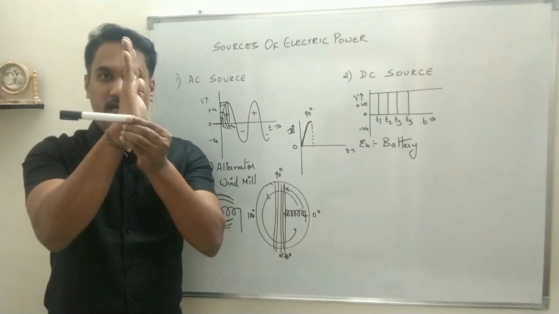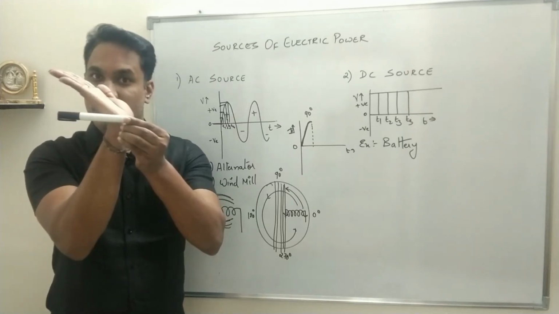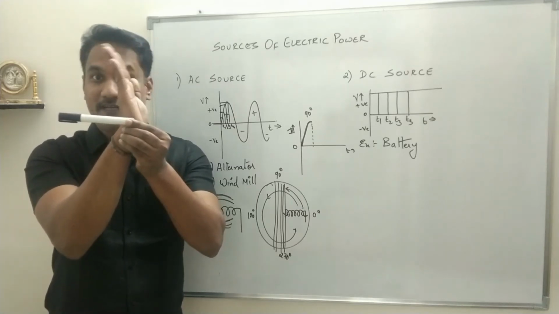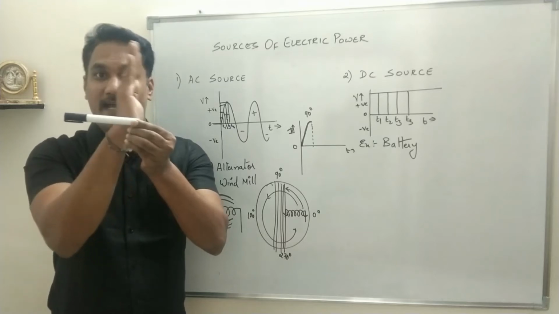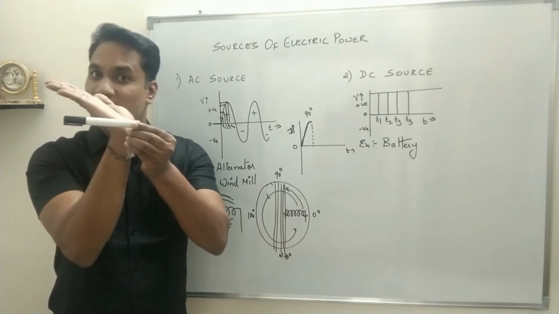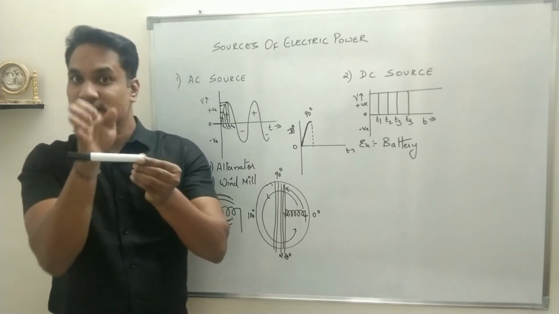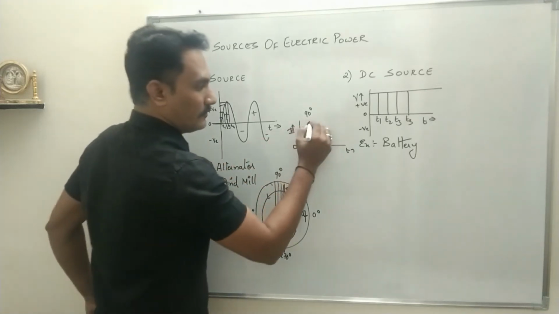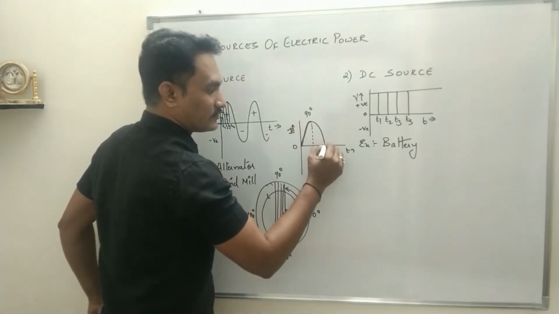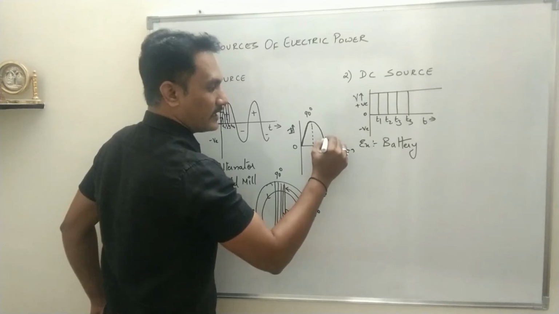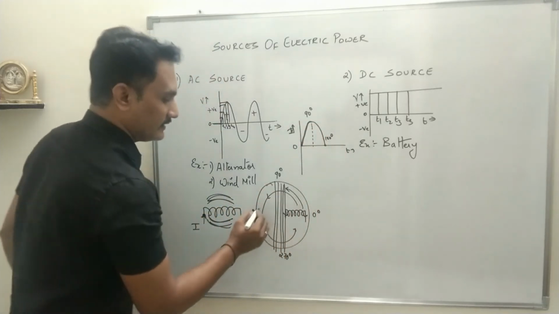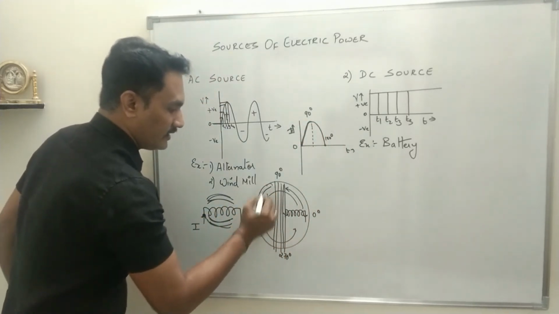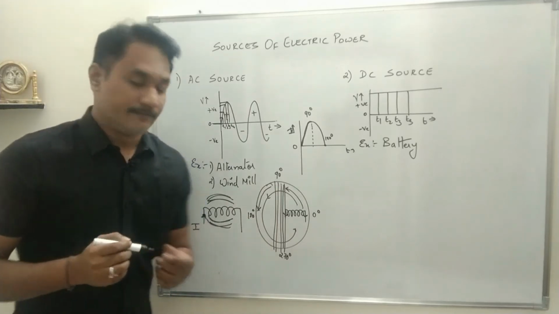So it is moving away from the magnetic line of forces, but still cutting the magnetic field in positive direction. As it is moving away from the magnetic line of forces, current will decrease, but decrease in positive direction. So it will decrease like this. So this point is 180 degree. This is the point when it is moving from 90 to 180.